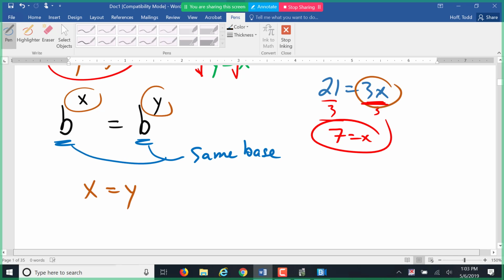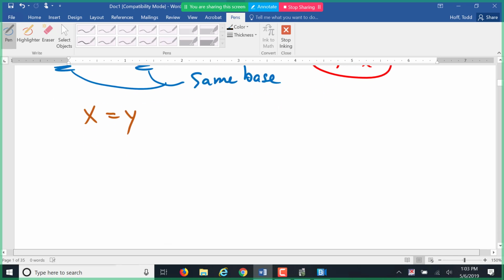So if I give you a simple one like 7 to the power of 19 equals 7 to the power of 4x minus 1, each side is an exponential that has the same base.